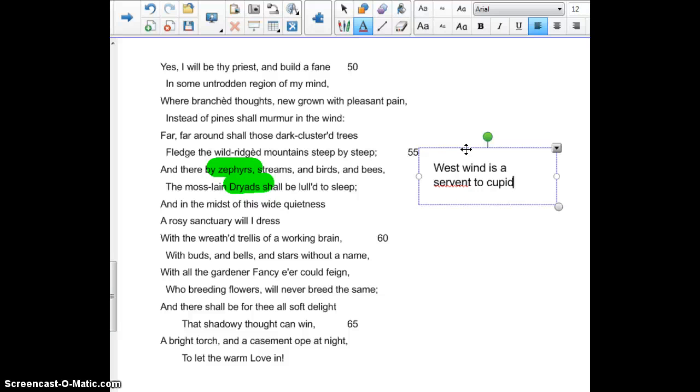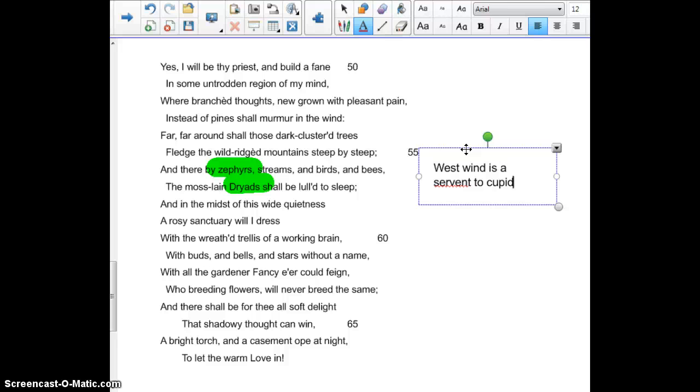We know that he's servant to Cupid because the story is that Zephyr fell in love with this boy named Hyacinth, who was a dear friend of the god Apollo, and Zephyr was just madly in love with Hyacinth, and he got very jealous of the amount of time that he was spending with Apollo.